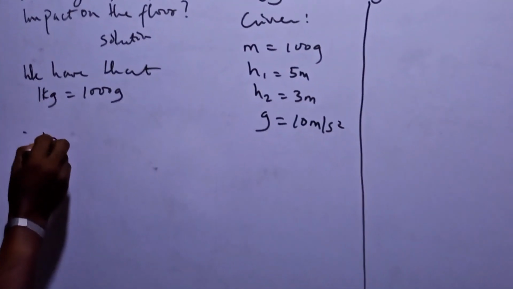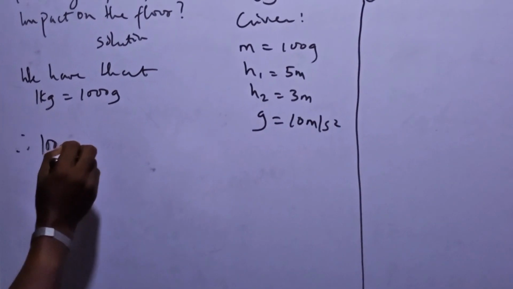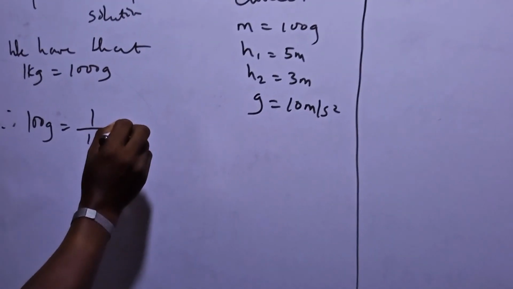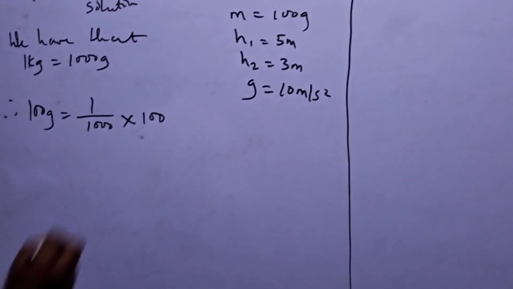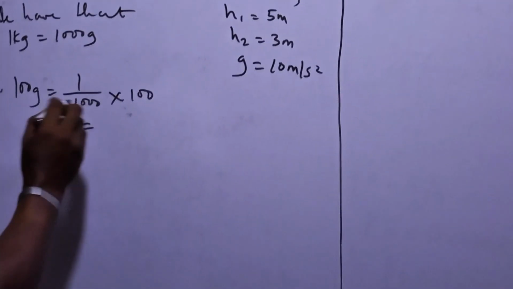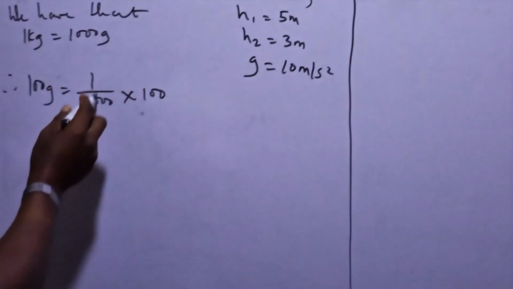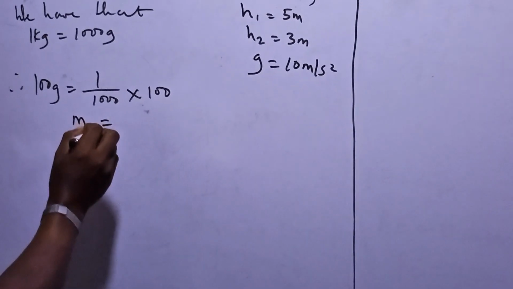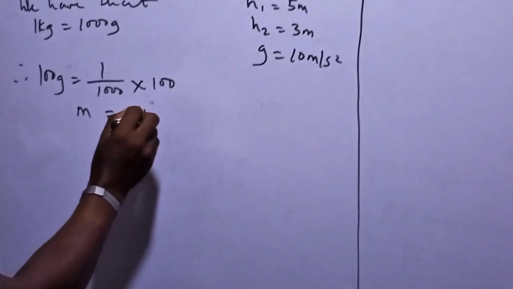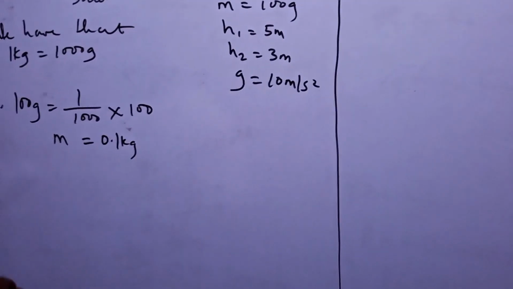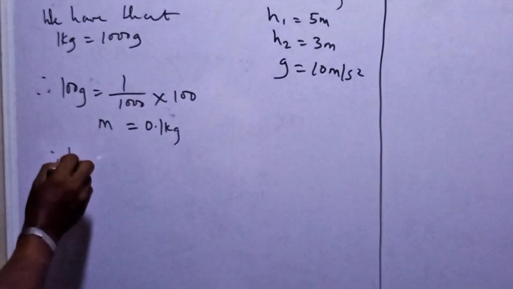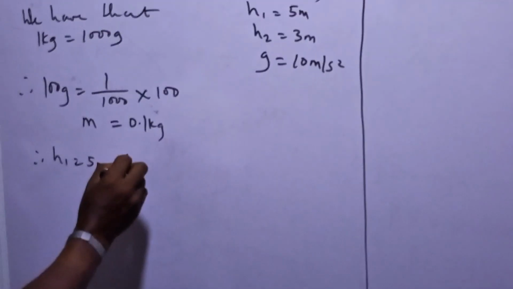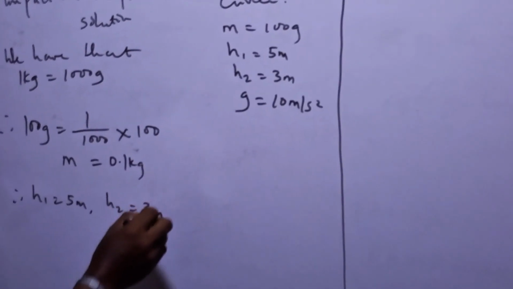Therefore, 100 gram will be equal to 1 over 1000 multiplied by 100, which is just the same thing as 100 divided by 1000. The mass here, therefore, will be 0.1 kilogram. Now we have the heights here. H1 as stated is 5 meter, and H2 is equal to 3 meter.